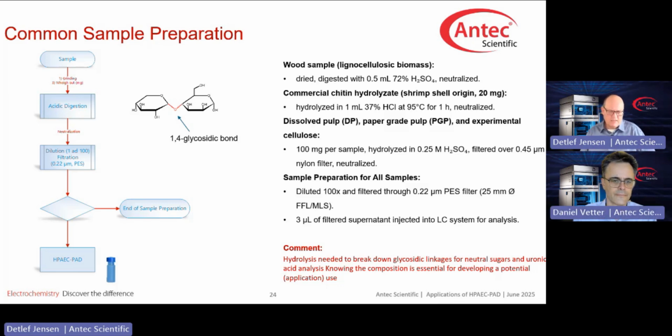So, for example, wood samples are digested with a higher concentration of sulfuric acid than cellulose, for example. And chitin is hydrolyzed with HCl, with hydrochloric acid, rather than with sulfuric acid. So there are reasons for all these different recipes.